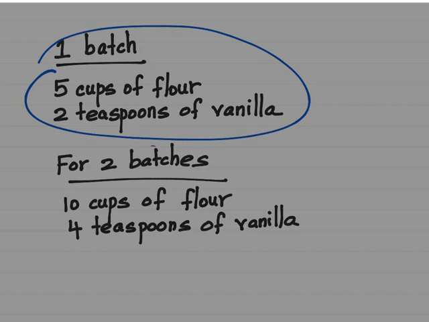So if you know the value of one batch and if you want to double it or make 2 batches, just double the measurements that are given in one batch. So 5 cups of flour, double it, it becomes 10 cups of flour. And when you double 2 teaspoons of vanilla, it becomes 4 teaspoons of vanilla. So that is the value for 2 batches.